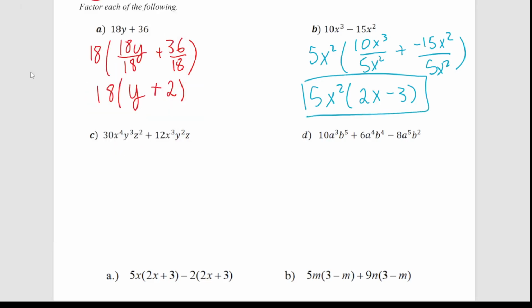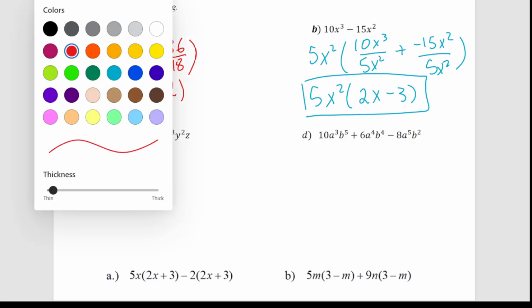For something like the next one, you're really going to want to keep track of one type of term at a time. So if I'm just focusing on the coefficients, between 30 and 12, their greatest common factor is going to be 6. For the next type of term, between x to the 4th and x to the 3rd, x cubed would be their greatest common factor because 3 x's do go into x to the 4th as well.